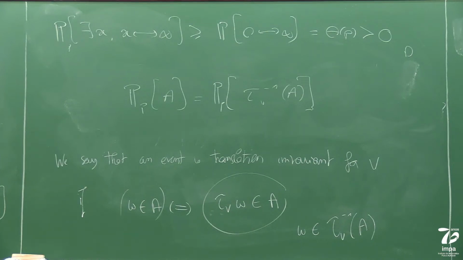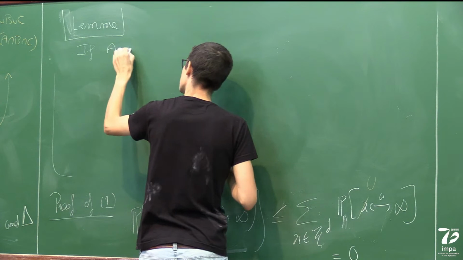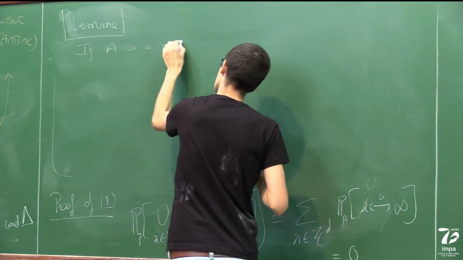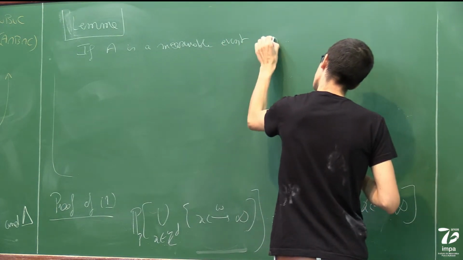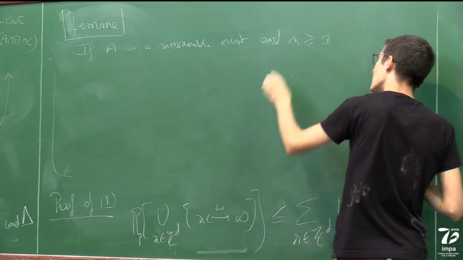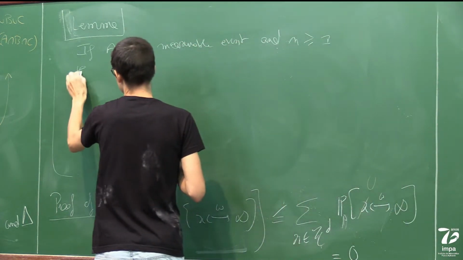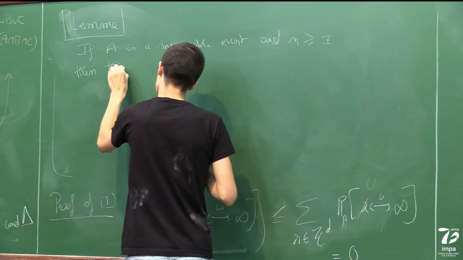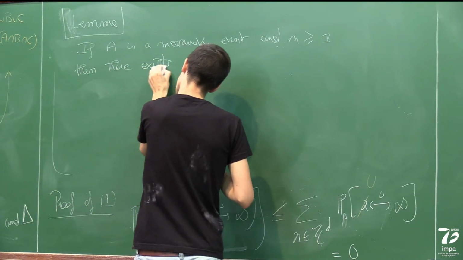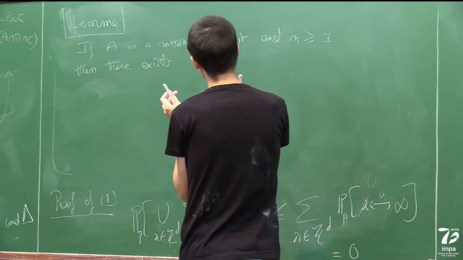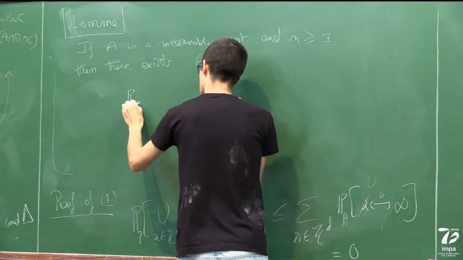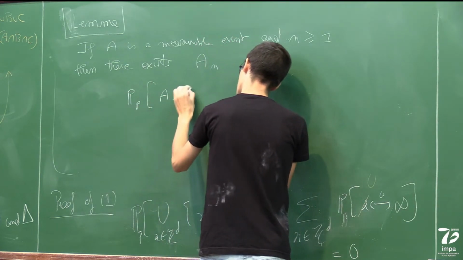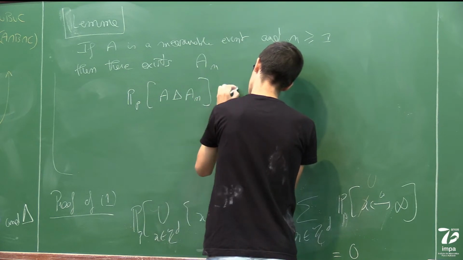It says that if A is a measurable event and n is larger than 1, then there exists A_n such that the probability of the symmetric difference of A and A_n is smaller than 1 over n.